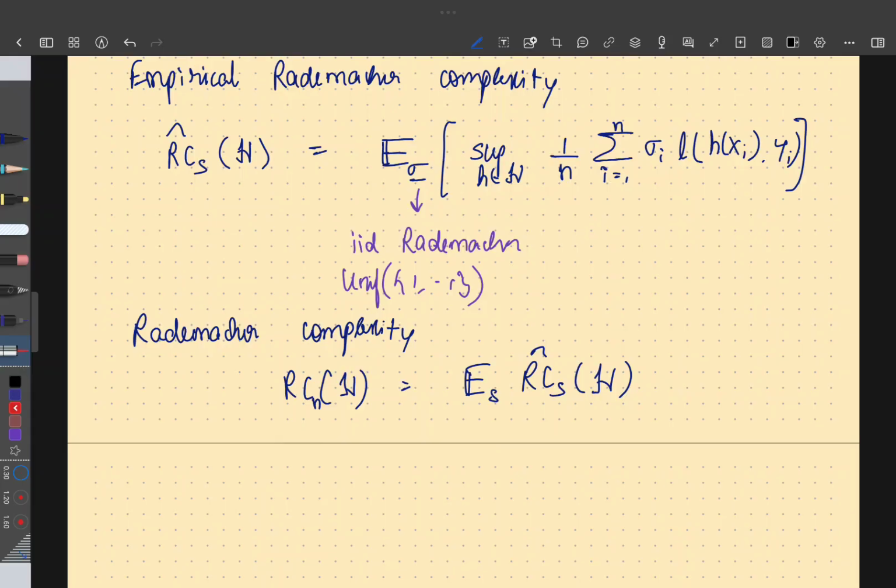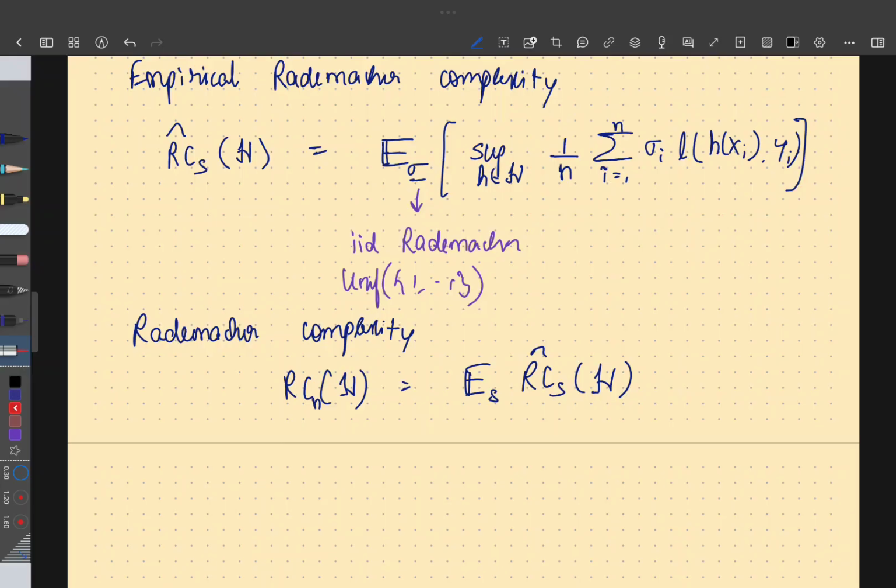And it has nothing to do with the h that minimizes or maximizes the empirical risk. If the sigma i were all ones, then this would correspond to the one which achieved the maximum empirical risk. If sigma i were all minus 1, then it would be the one that achieves the minimum empirical risk. But for any other configuration, it could be something totally different.